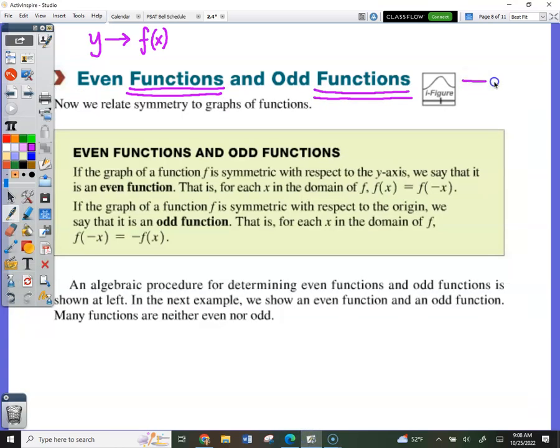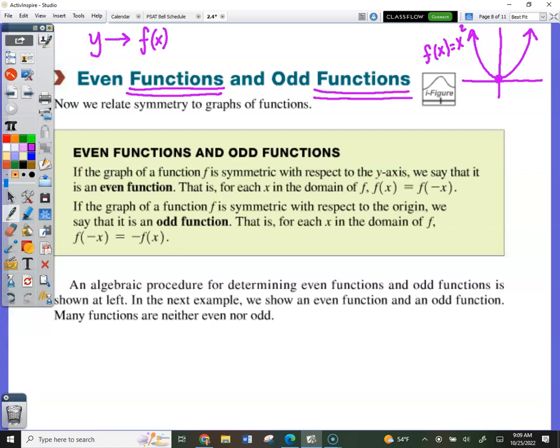So, for instance, right here, let's sketch the mother function, parabola. This is f of x equals x squared. Is that symmetrical over the x-axis? If I fold it over the x-axis, do I end up with the same imprint?